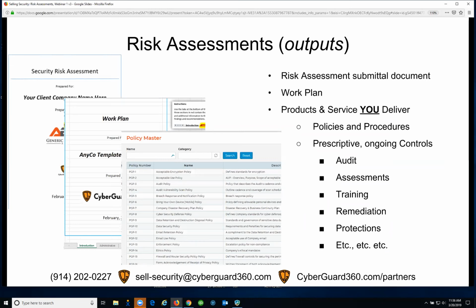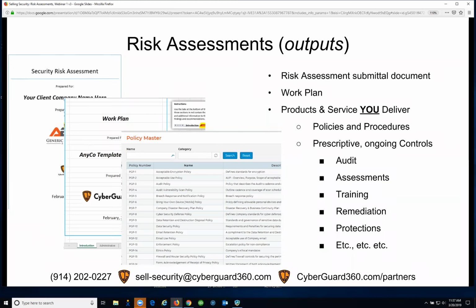And from that wealth of information that you've gathered, you provide them the output. The output takes the form of a risk assessment. That's a submittal document, the where-you-actually-are document. You also provide them a work plan. A work plan is effectively, in this case, a spreadsheet, and we provide it to you if you're a PII Guard partner.